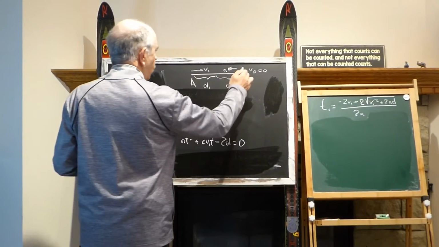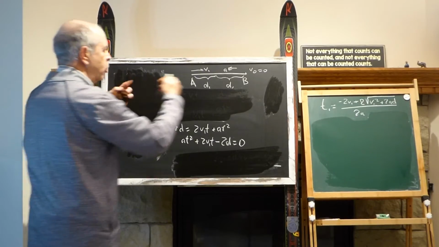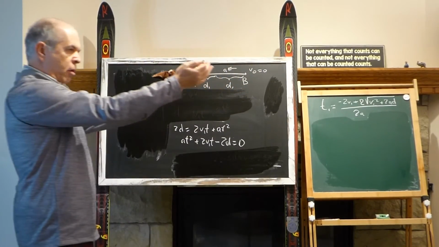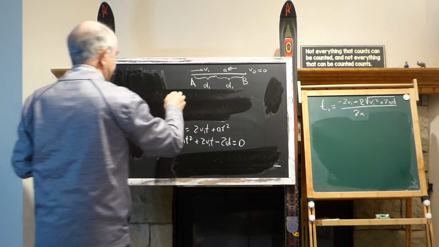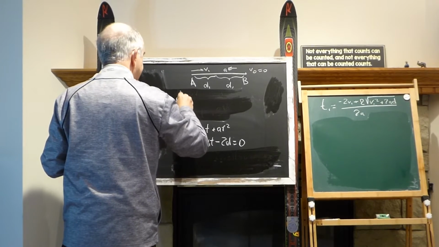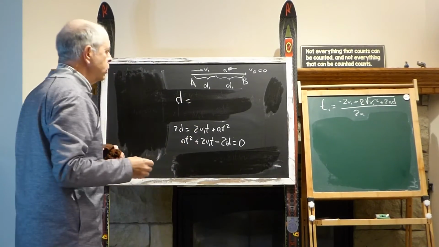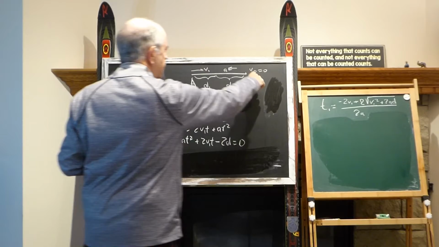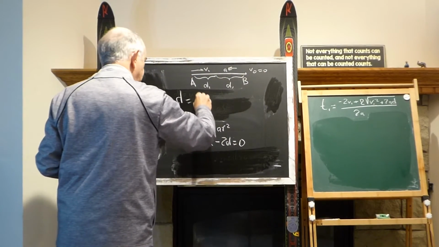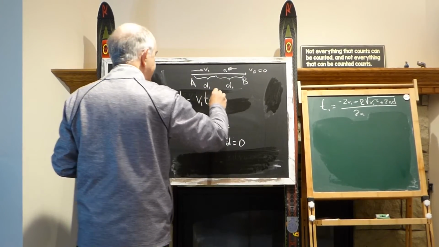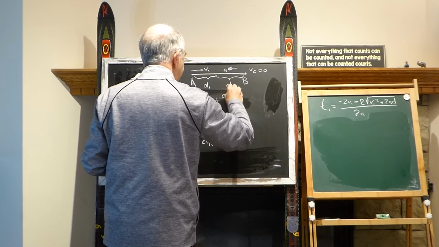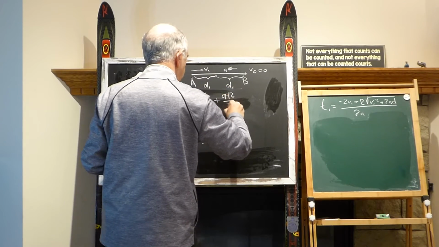So we know that everything is coming to us, so this distance of the second car that it covers before it meets us is d. And of course we know that the initial speed is not 0 but the speed of the road. So v1t plus at squared divided by 2.